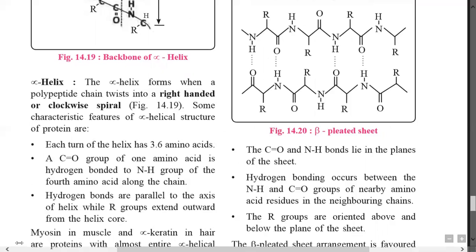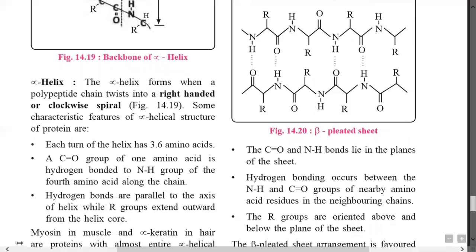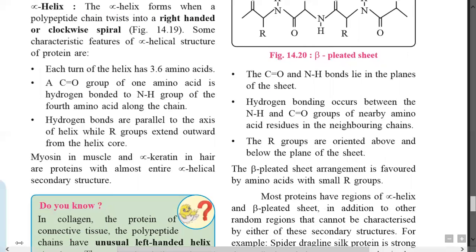So one R group is above, the other R group is below, then the next R group is above, then the next R group is below. Like this, in one polypeptide chain, the R groups are placed alternately, one above and one below, unlike the alpha helical structure, and these are the characteristics of beta pleated structure.